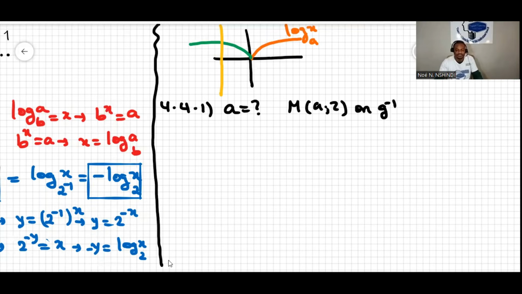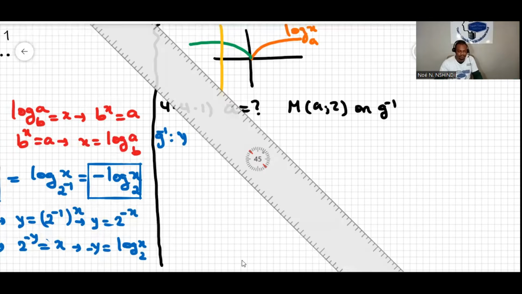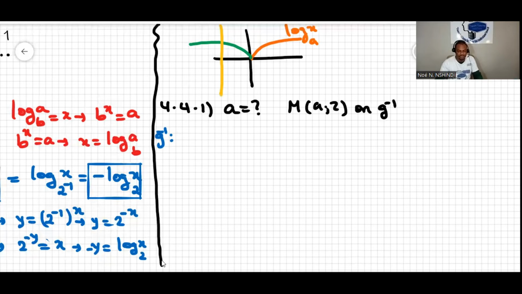Now, how can we solve this? If it lies on g inverse, it means the coordinates of the point M satisfy the equation of g inverse. So g inverse is y equals negative log of x base 2, if I use this other formula.